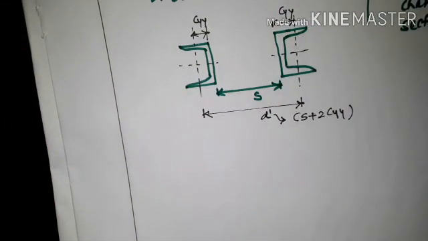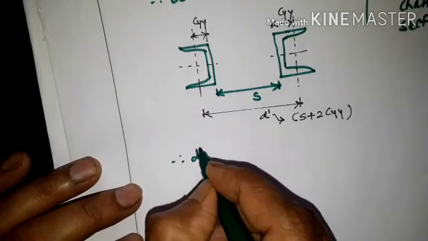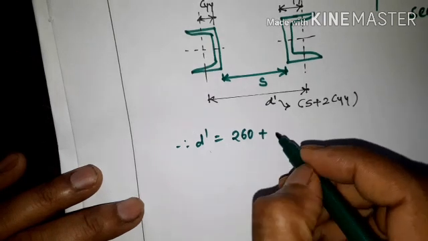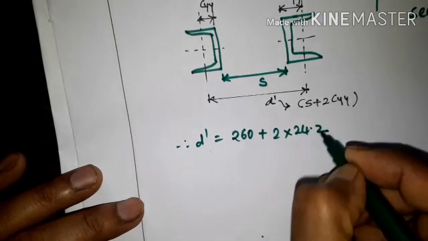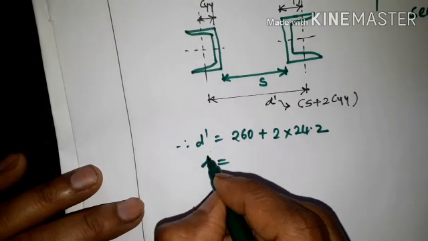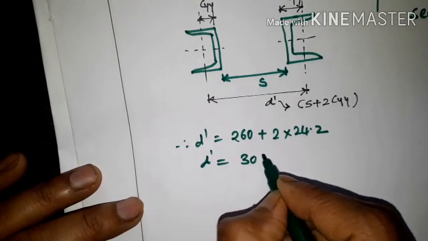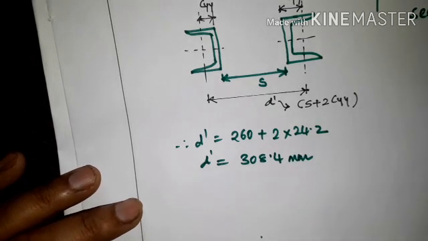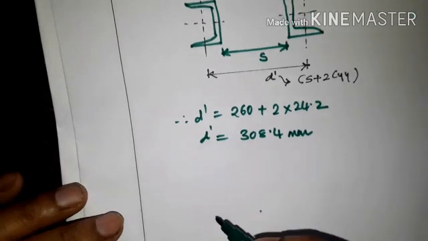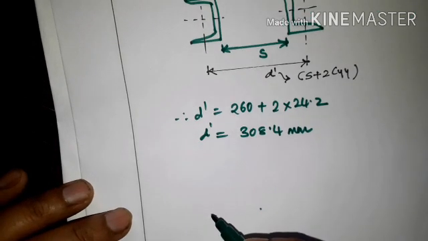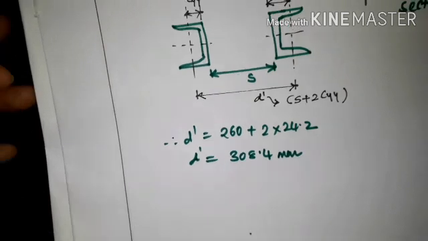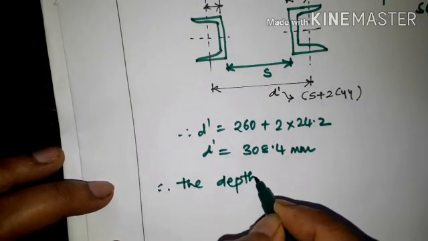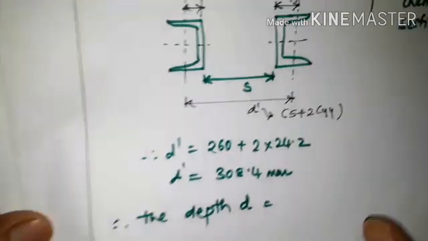Therefore d dash is equal to 260 plus 2 times 24.2, so d dash will be 308.4 mm. Then what will be d? What will be d? Therefore the depth d is equal to, I can show you here.